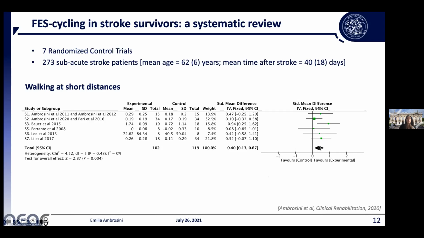Overall, we found a significant effect in favor of the experimental treatment, which in our case was FES cycling, with respect to the control treatment, which was usually standard physiotherapy for stroke rehabilitation.